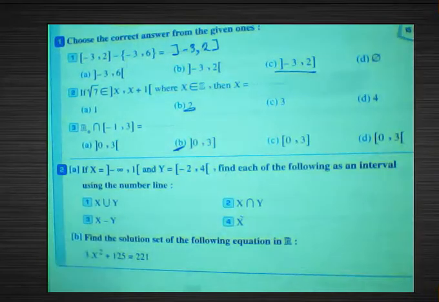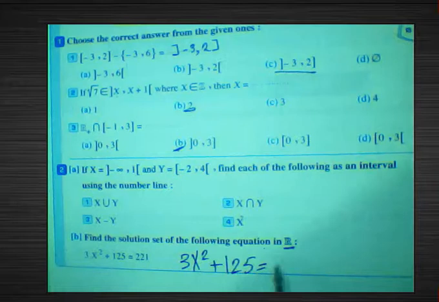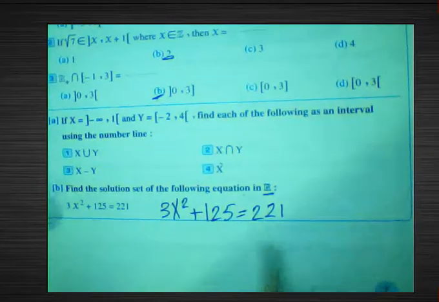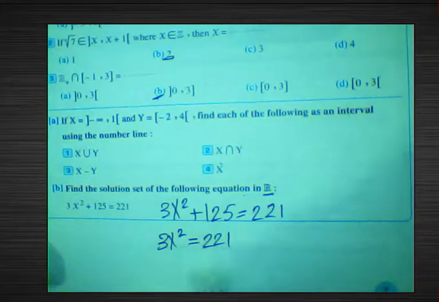Question 2, letter B. Find the solution set of the following equation in real numbers: 3x power 2 plus 125 equals 221. First, we move 125 to the right-hand side. 3x power 2 equals 221 subtract 125.